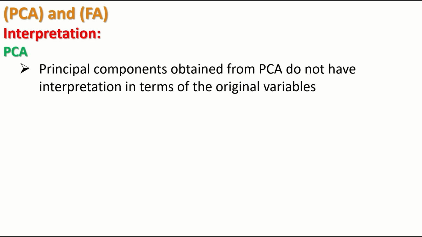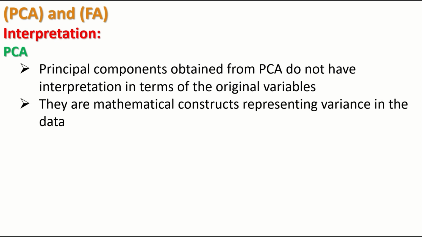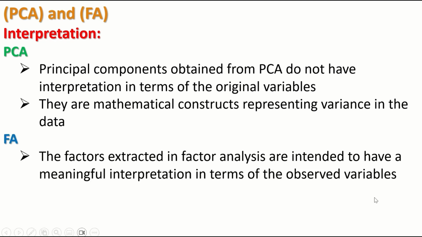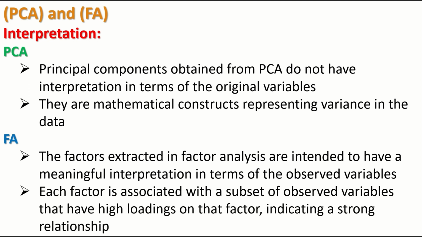In terms of interpretation, in PCA, the principal components obtained from the analysis do not have an interpretation in terms of the original variables. They are mathematical constructs representing variance in the data. For the FA, the factors extracted are intended to have a meaningful interpretation in terms of the observed variables.